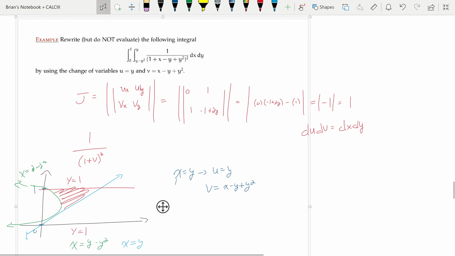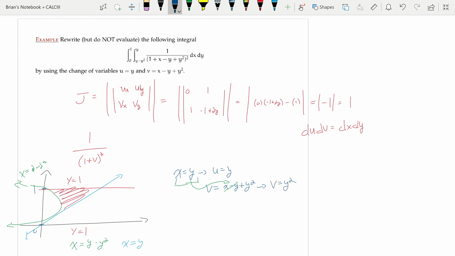Because we said x is equal to y, that means these guys cancel each other out. So we'll get v is equal to y squared. So now we have v is equal to y squared, u is equal to y. So we can say that by substitution then, v is equal to u squared. Really nuanced, really tricky. It's the hardest part of these problems is getting these u and v's right.